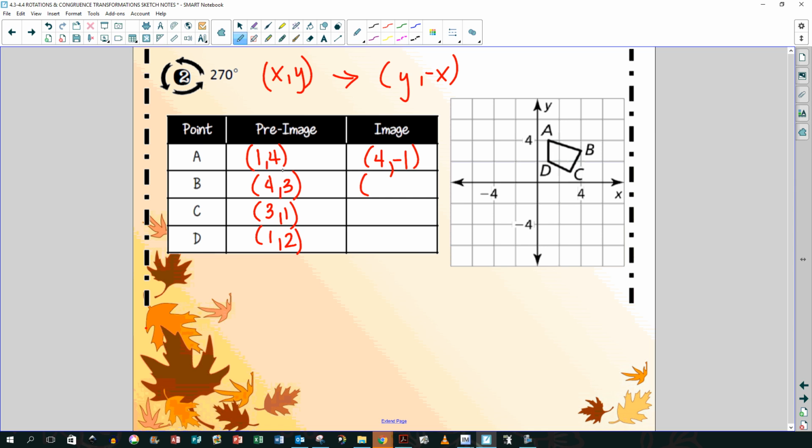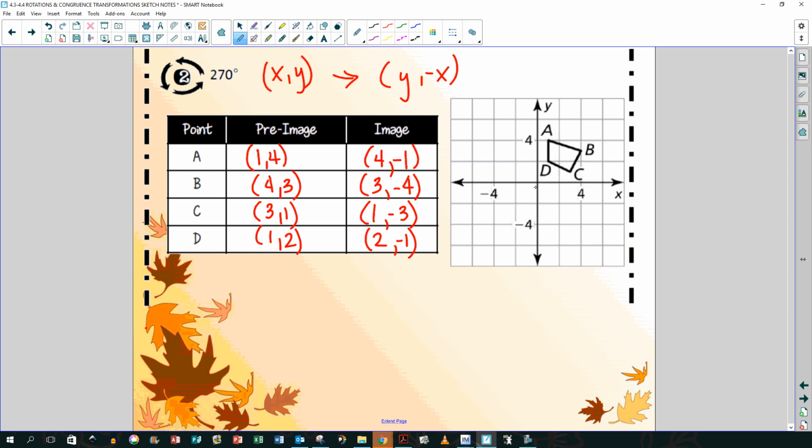So basically these numbers over here are all going to be first now, 3, 1, and 2. And then these numbers are going to be opposites. So -4, -3, and -1. And there are your new points.